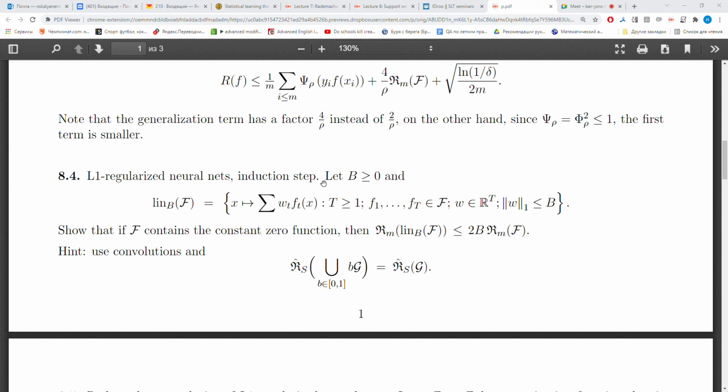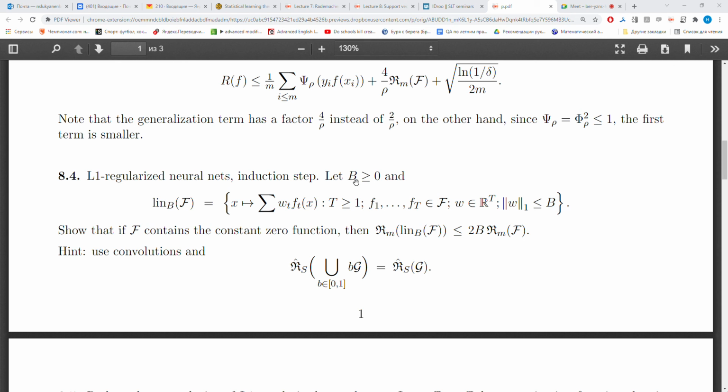It's a kind of strange set of functions, this one. But as you can see, in some cases the complexity of G is kind of linear. If you remember, it was one of the results from the previous seminar and the previous lecture. Rademacher complexity has something close to linearity.